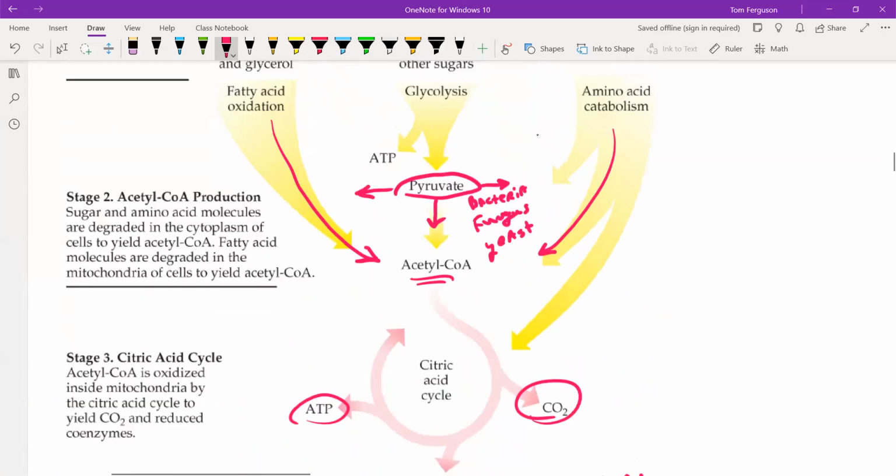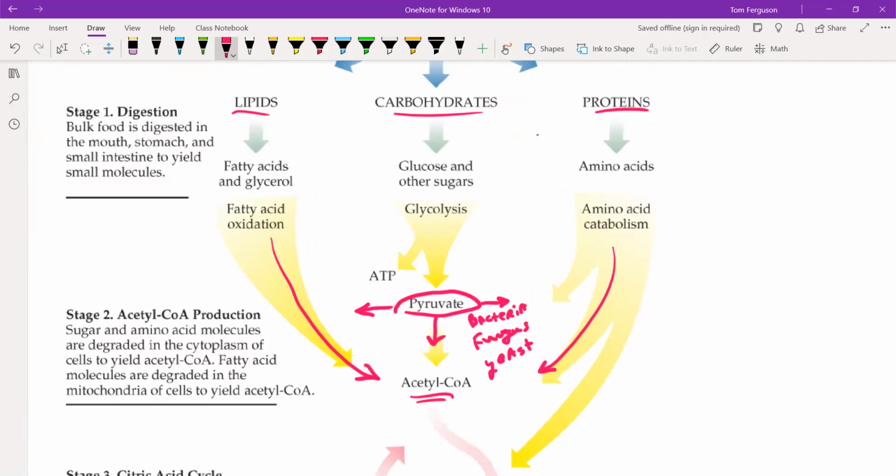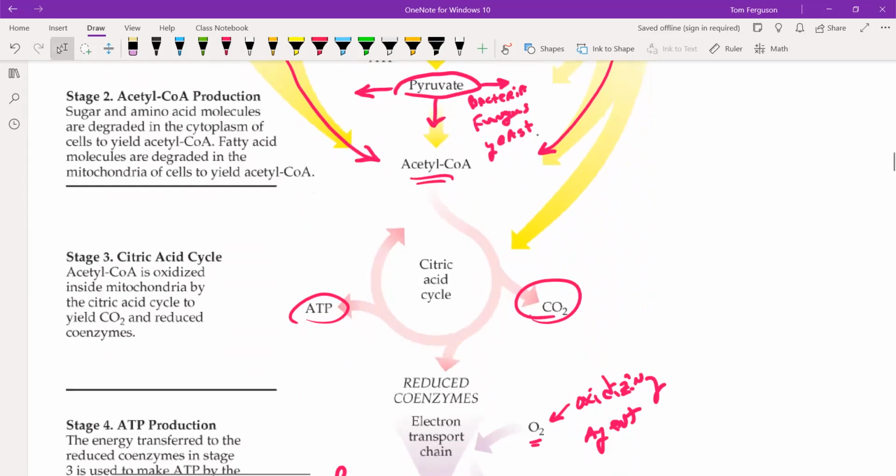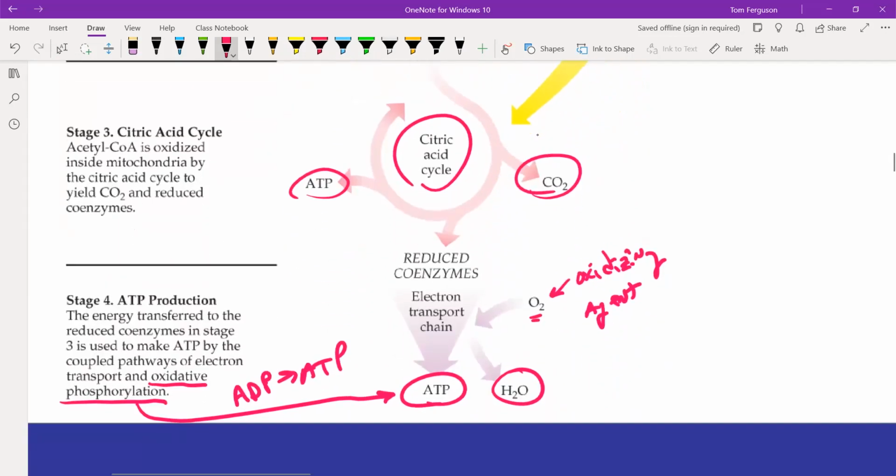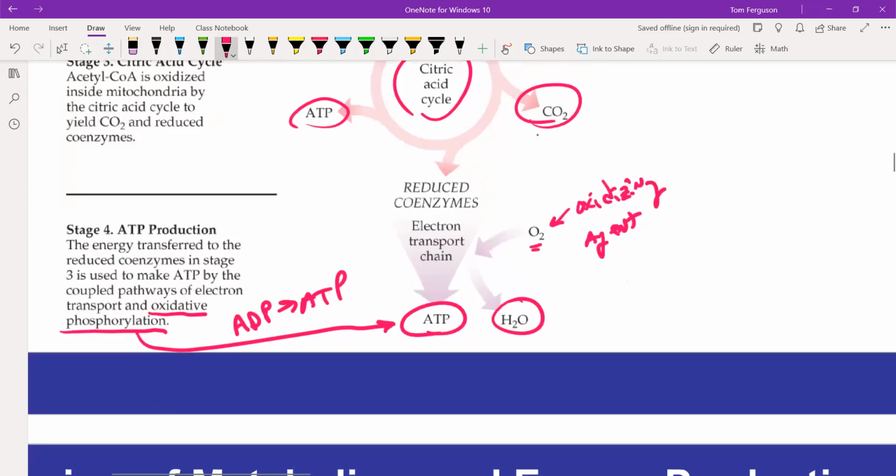So this is the process, three steps: glycolysis, citric acid cycle, and electron transport chain, which is sometimes called oxidative phosphorylation. Probably electron transport chain is more common, but frequently they're used together.